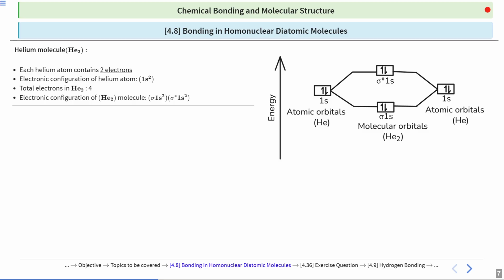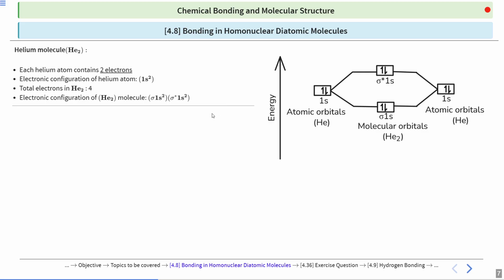Where will the electrons first go? They will go to the sigma 1s. First electron here, then the second electron with the opposite spin. Once the sigma 1s is filled, we move on to the sigma star 1s to fill the remaining 2 electrons.